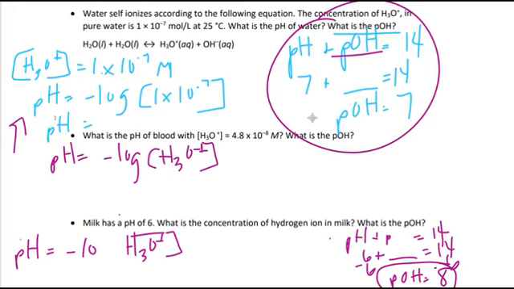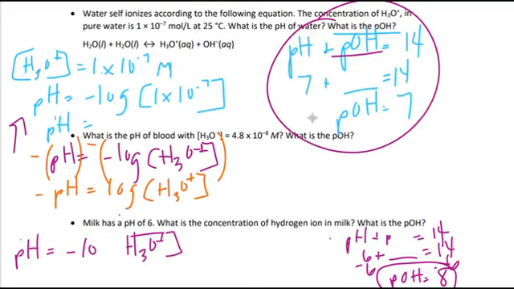Let's get rid of this negative, so I'm going to multiply each side by this negative. So I can then say, okay, negative pH is equal to the log of H3O plus. Okay, hopefully you're with me so far.